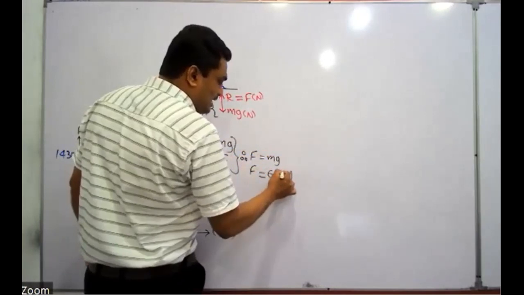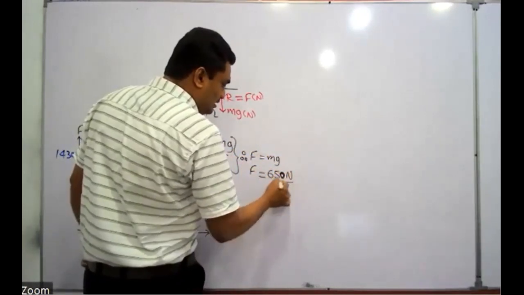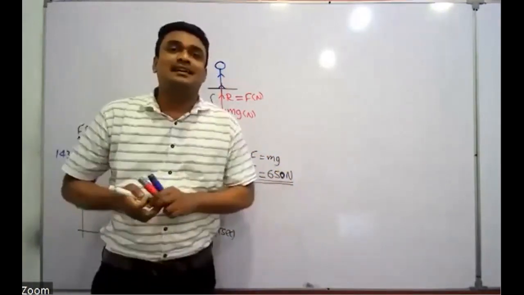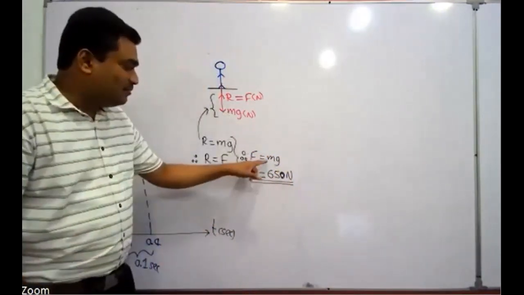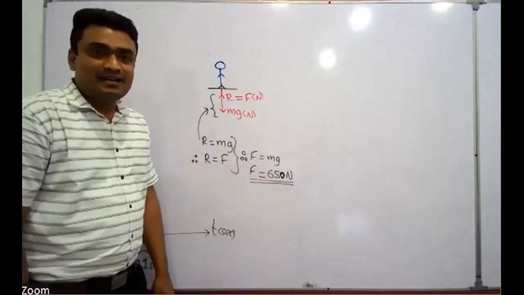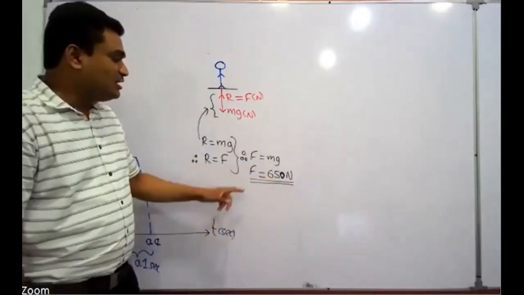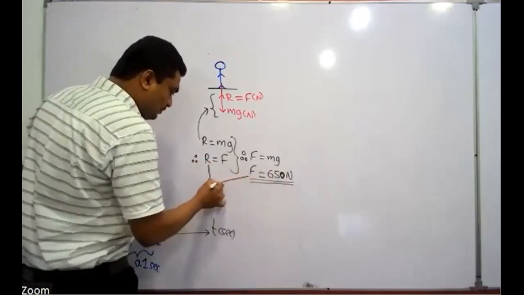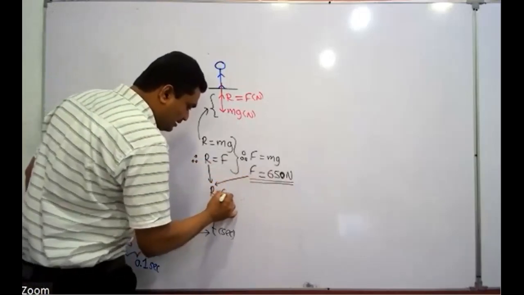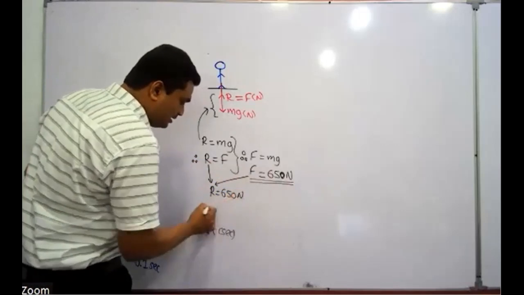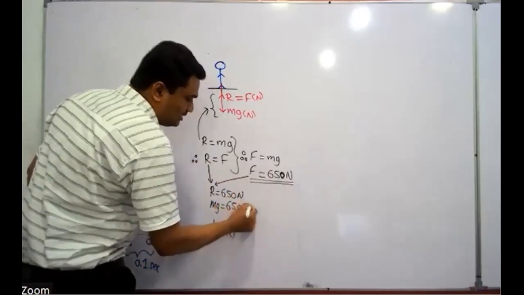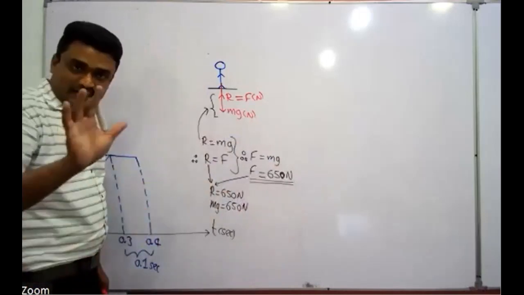That's the sentence that I have asked you to underline. Normal weight is 650 Newton. Initial force 650 Newton. So R is 650 Newton and mg is 650 Newton. These are the things that you want to understand first.